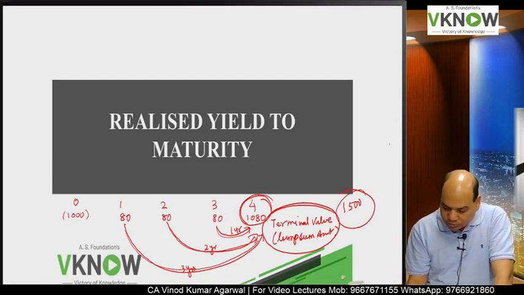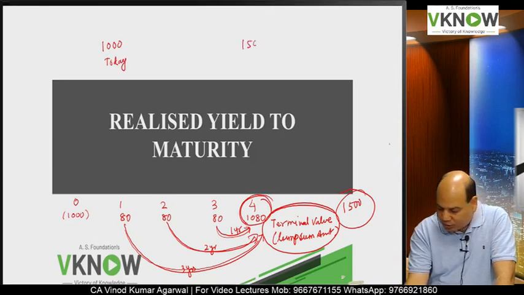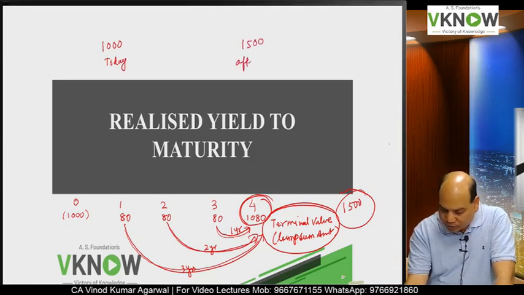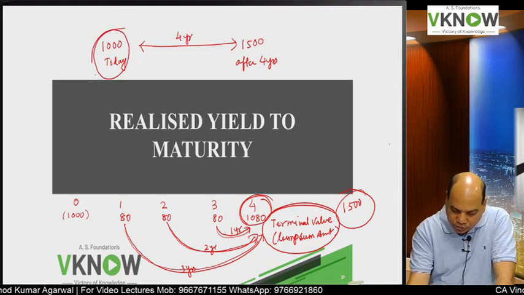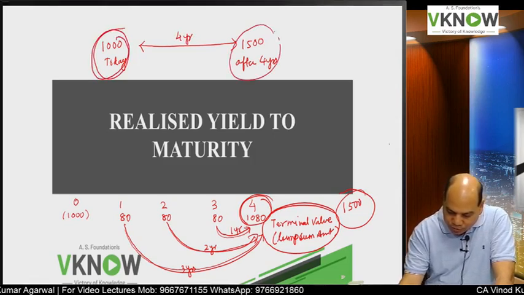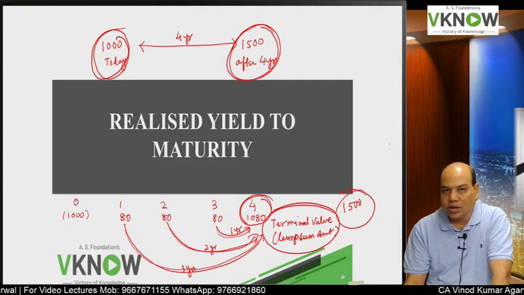So now we have invested 1000 rupees today and we will get 1500 rupees after 4 years. It is like a 4th standard question: if you invest 1000 rupees today and receive 1500 rupees after 4 years, what is the annual compound rate of return?